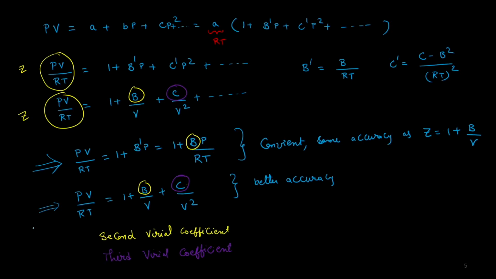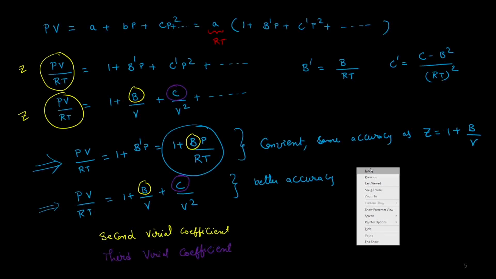The essential difference is, on the right hand side, in the first case there is only P and T. In the second case, there is volume. So one of them is explicit in terms of pressure, the other one is explicit in terms of volume. So if I don't know volume, I will have to solve a cubic equation in the second case, but in the first case it is a straightforward calculation.